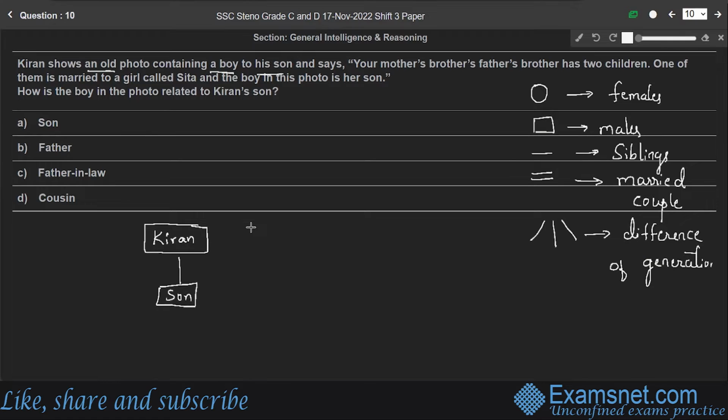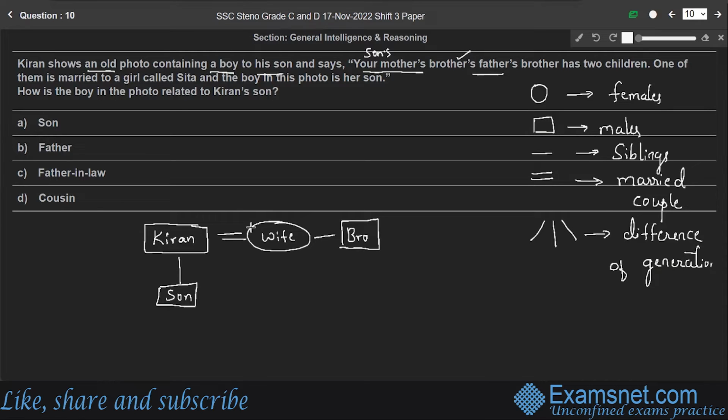And says, your mother's, that means his son's mother, that means Kiran's wife. Kiran is married to a girl. Kiran's wife's brother, your mother's brother, right? So the wife has a brother.